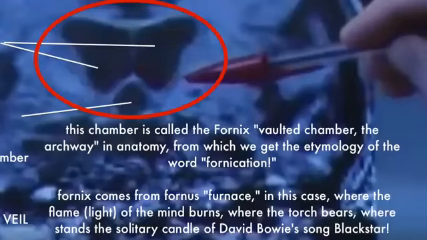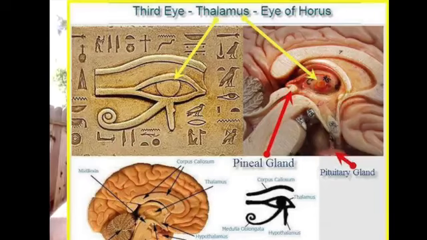And the third ventricle is where the pineal gland is located, as well as the pituitary gland. And the pineal gland is obviously what we know as the third eye. So this third ventricle here is where we find the third eye, the third ventricle, the third eye, the vaulted chamber.